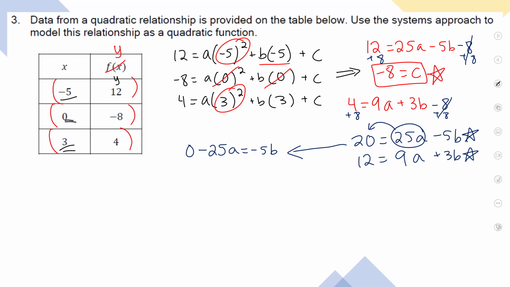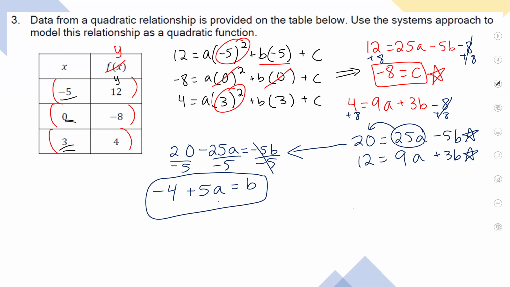Let me write that better. Okay, now you just divide everything by negative 5. So 20 divided by negative 5 is negative 4. 25 divided by negative 5 is a positive 5a equals b. So let's plug that into here.